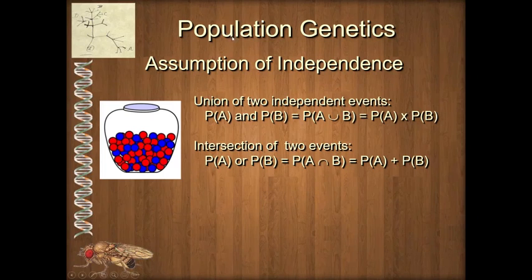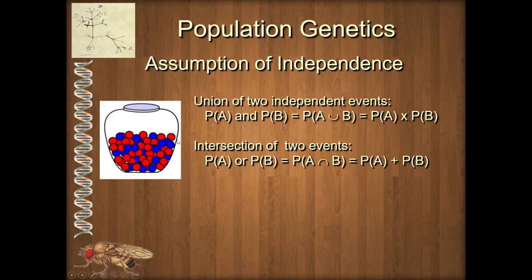Now, a couple of critical things. First, when we do this, we are assuming independence. That's the assumption, meaning that whether you get a dominant allele does not have an impact on what your second allele is. So that dominant allele does not bring in the recessive allele or vice versa. They're not associated.